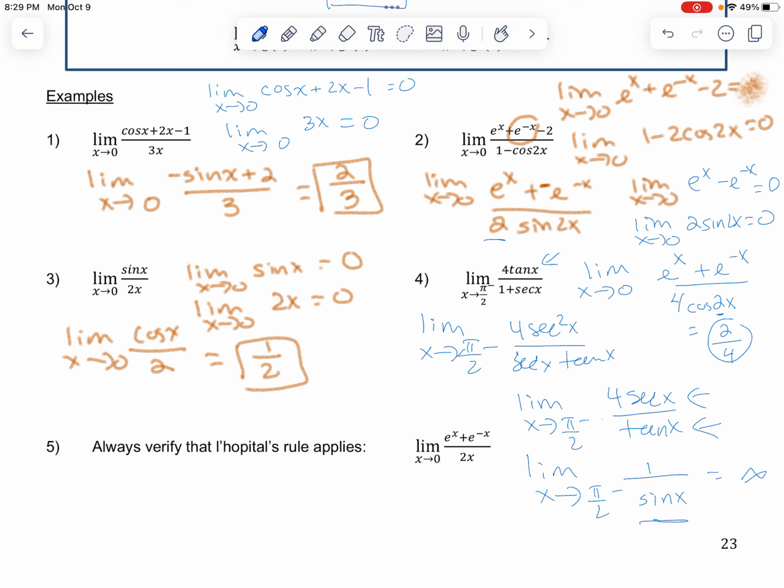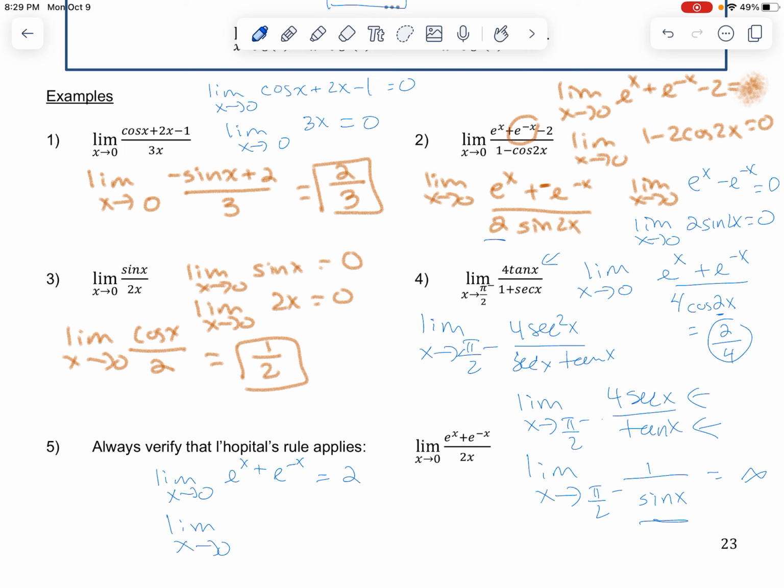Okay, the last thing is you always need to make sure that you can use L'Hopital's rule. I always have people just start using L'Hopital's rule before they check it. So if I look at this problem, if I plug in 0 here, I get e to the 0, which is 1, plus e to the negative 0, which is also 1. So this is 2.